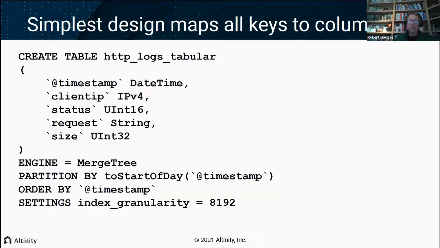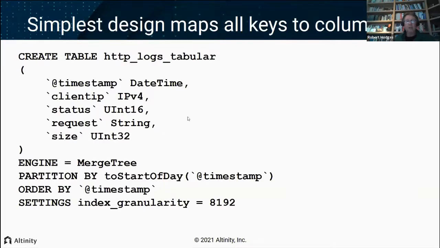So we're going to use toStartOfDay, and then we're going to order by that same timestamp. So within each part, they're going to be in time order. The setting index granularity happens to be a default value, so you can include that or not as you wish. So this is your simple table, just a direct mapping.